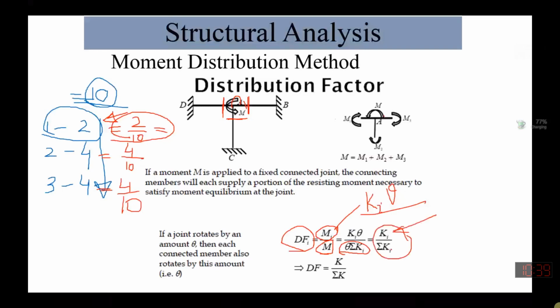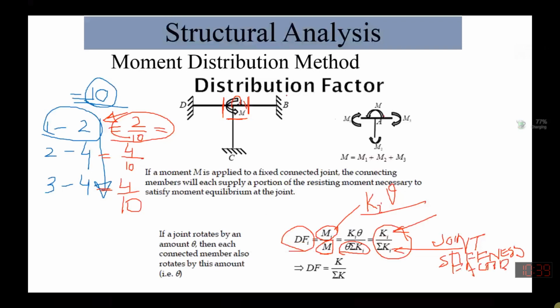This is the joint stiffness factor. So this is how we find the distribution factor.